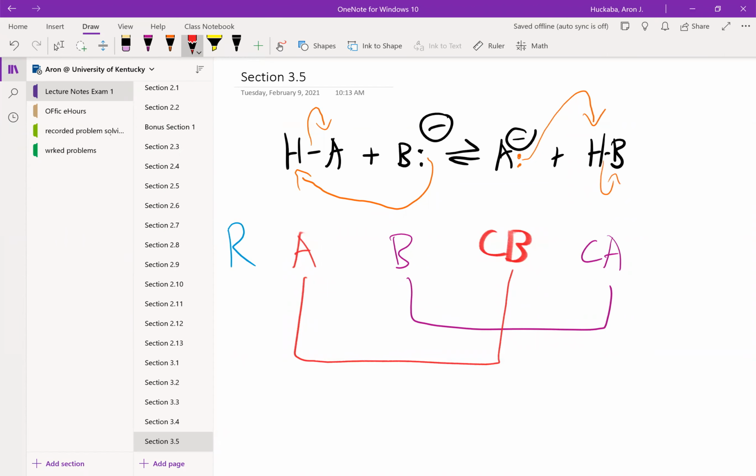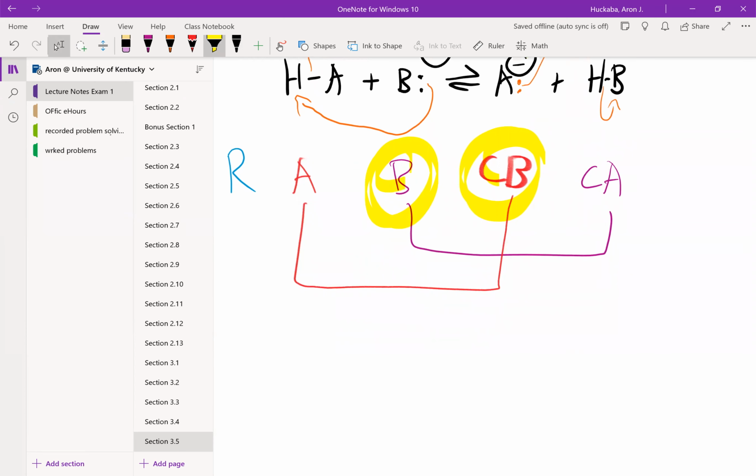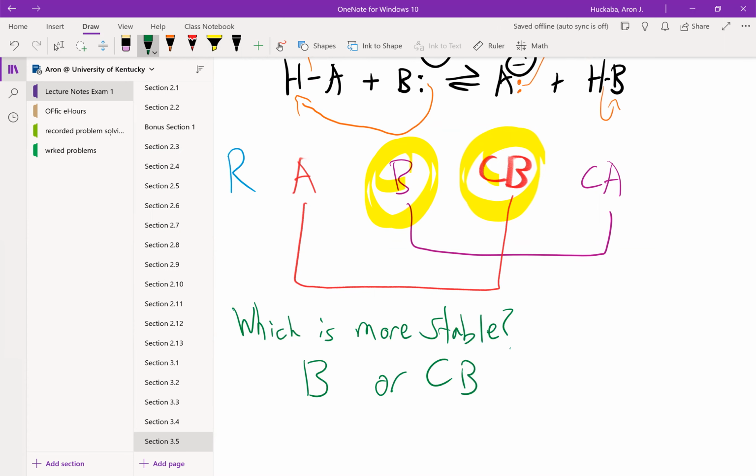And in both cases, the bases are here, right? So that means we need to determine relative stability, which is more stable, B or CB in this case.